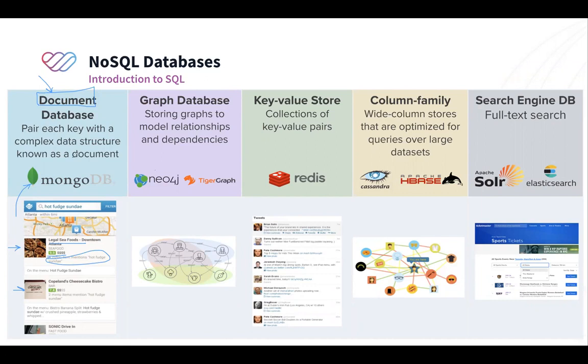So you can store that in a document database, and later on when you search for these text data, it can search because it indexed the data in a very efficient way. So when we search for hot fudge sundae, it's going to return you not only the relevant search results, like the restaurants that serve this kind of hot fudge sundae, but also they can do location-based search. So it returns the nearest stores or restaurants.